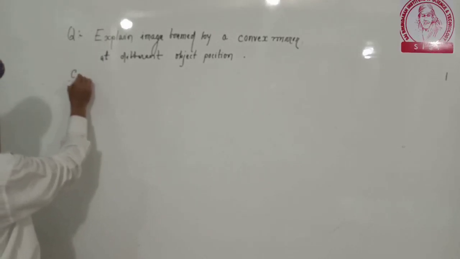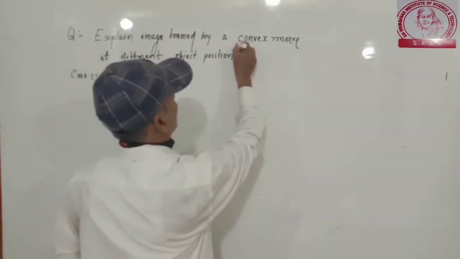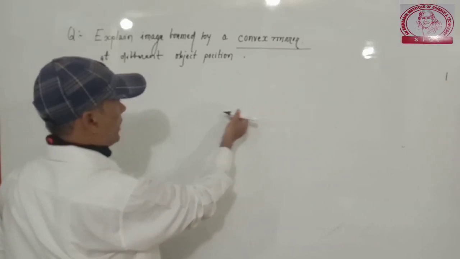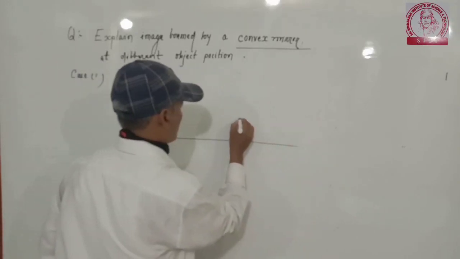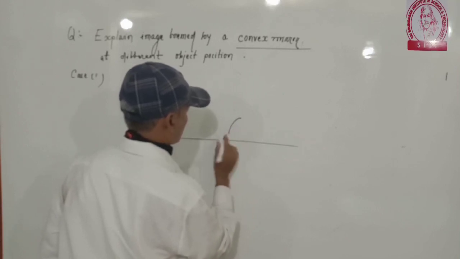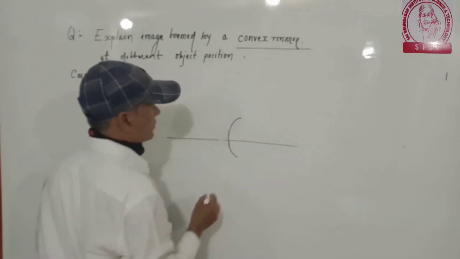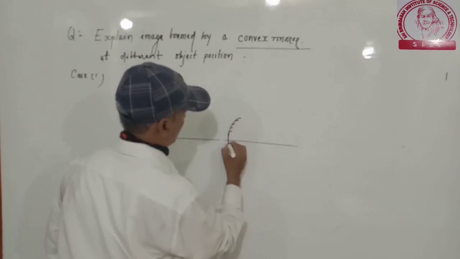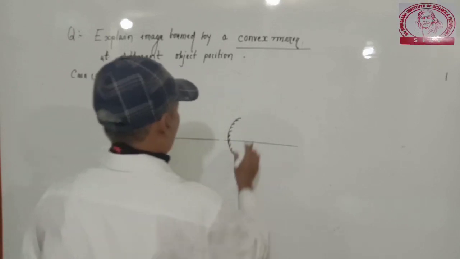Case 1. In case of a convex mirror, let's move from the pole towards infinity in reverse direction. Now, this is a convex mirror.